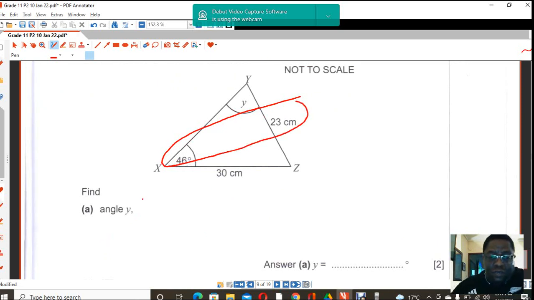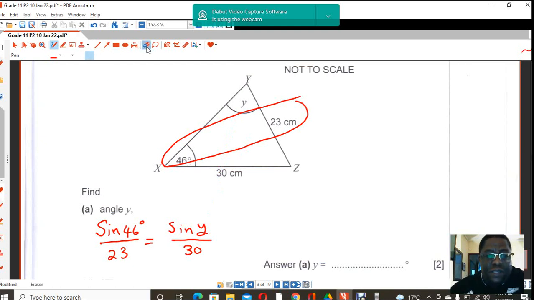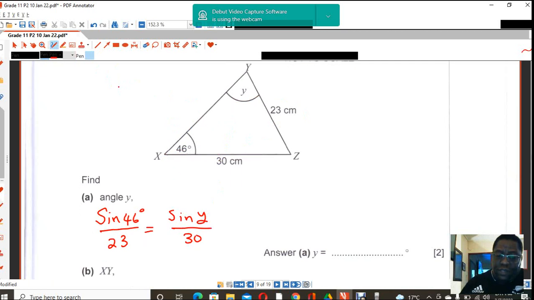So we're looking for an angle, we're going to say the sine of 46 degrees over 23 is equal to the sine of y over 30. Okay, so opposite that. Can you see that? Now if that is the case, I'm just going to take this away. We can actually find sine y.